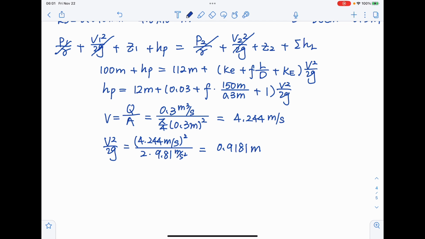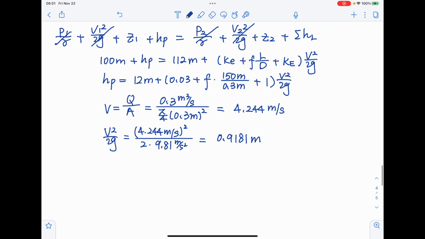The next step is to find the friction factor F. So we're gonna find the Reynolds number first. Re equals V times D over the viscosity. So the velocity is 4.244 meter per second. Diameter is 0.3 meters.